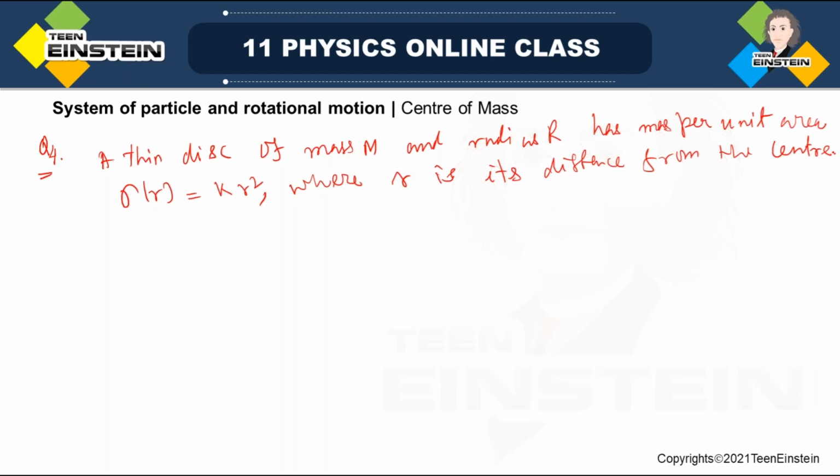Now, its moment of inertia about an axis going through its center of mass and perpendicular to its plane.